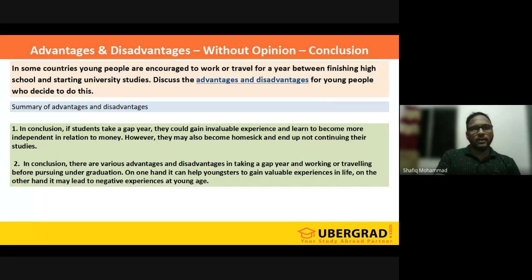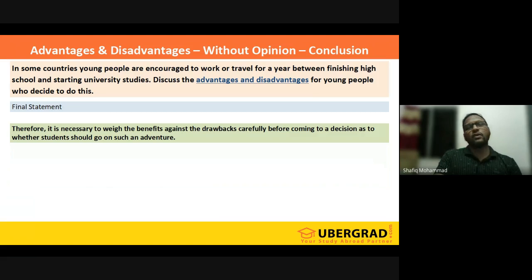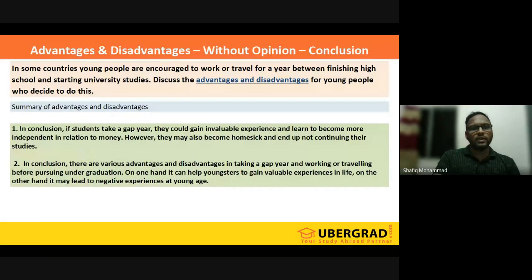Conclusion. You can give two points in the conclusion, okay? Whatever you've written entirely in the introduction and body paragraphs 1 and 2, you compress it, make it a summary, and give it as the conclusion. So let's see what the conclusion is here. In conclusion, if students take a gap year, they could gain individual experience and learn to become more independent in relation to money, like how to spend the money.